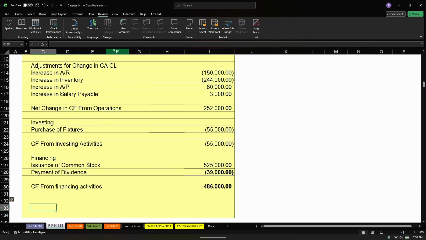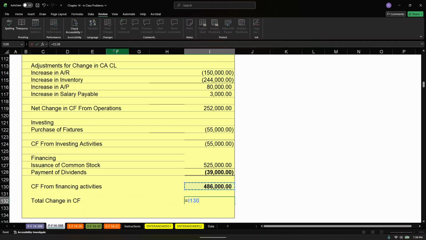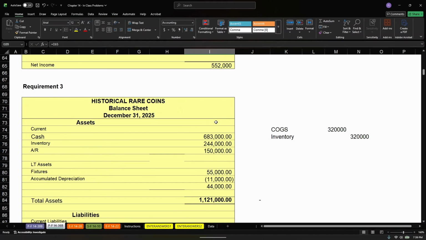We have a total change in cash flow. You just add up the three sections. This plus this plus this. And it's exactly equal to our balance sheet amount because our starting balance of cash was zero.